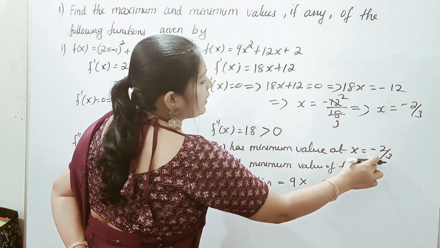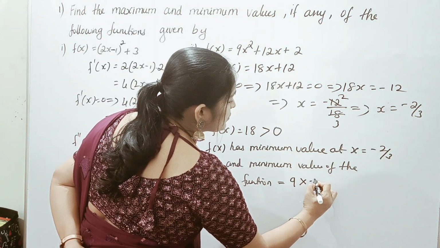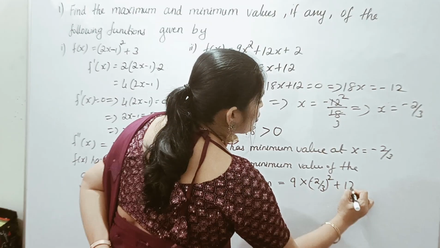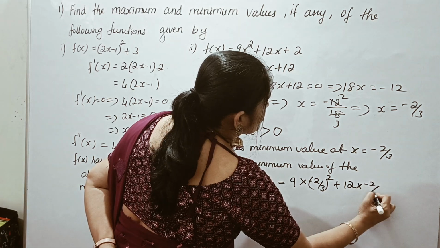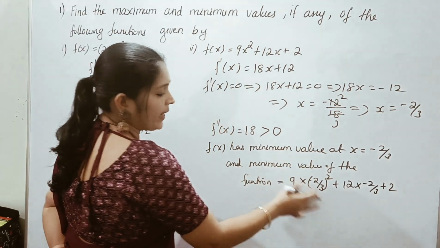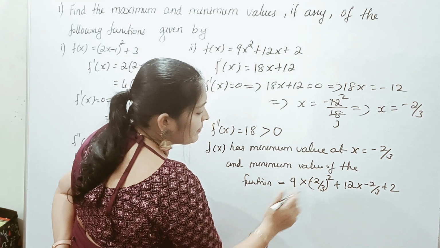9 into x is equal to minus 2 by 3, substitute, whole square, plus 12 into minus 2 by 3 plus 2. Okay. So here 3 square, 9 cancelled, minus will become plus.